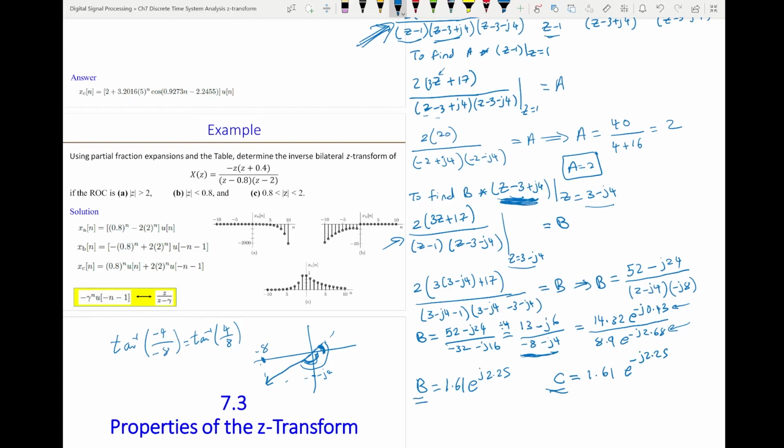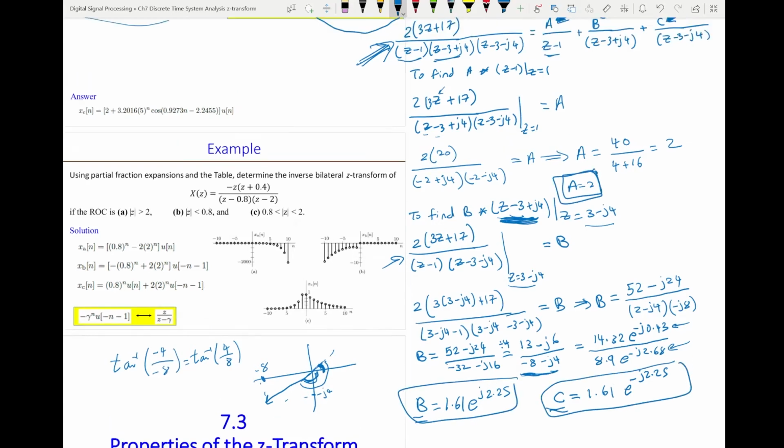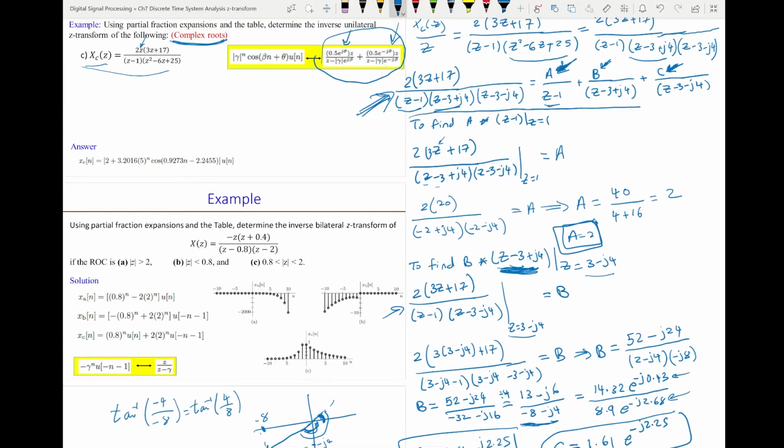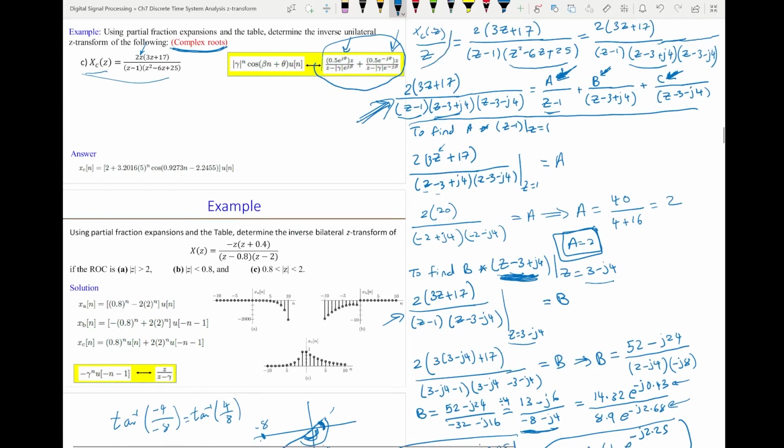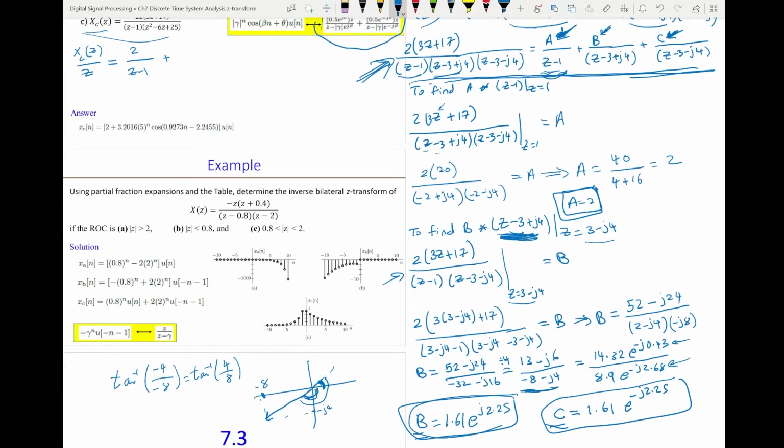So now we found all the constants. Now I can go back to the problem here and say the following. X of z divided by z equals this. A, we found it, 2 over z minus 1, plus b, we found it here. So that will be 1.61 over this. Plus now this term c is this term here.